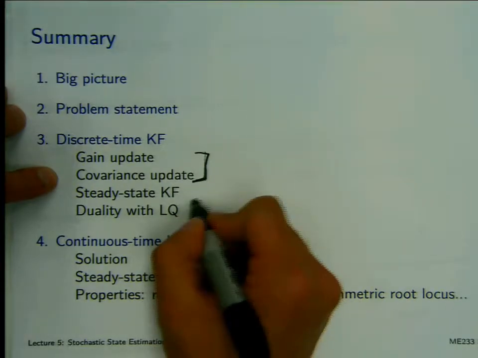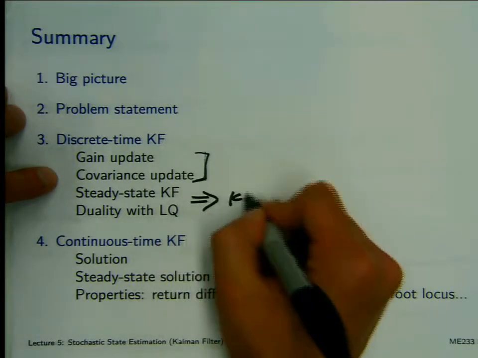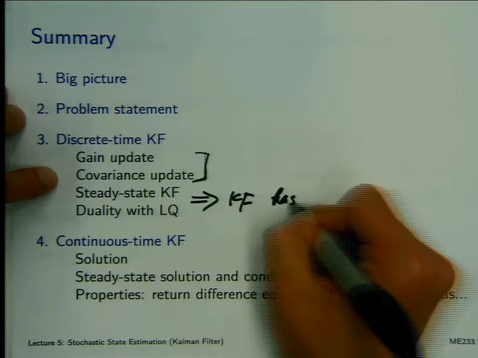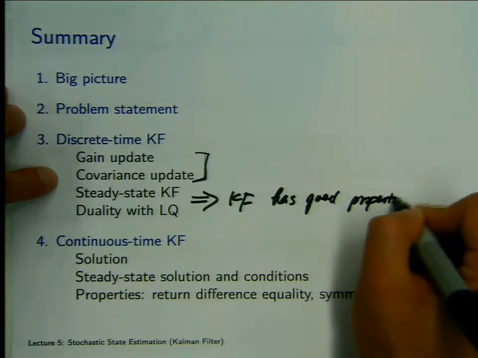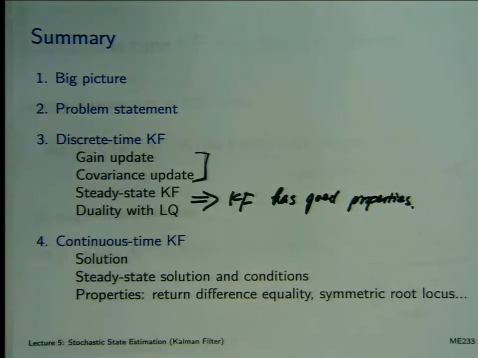And then here we basically showed that the Kalman filter has good properties. All right? So that's the end of the Kalman filter lectures. In the next lecture, I will discuss how the Kalman filter can be used in feedback control design. Okay. See you next time.